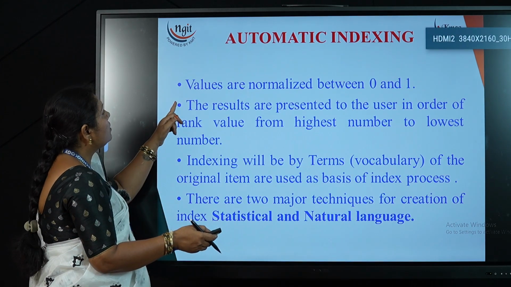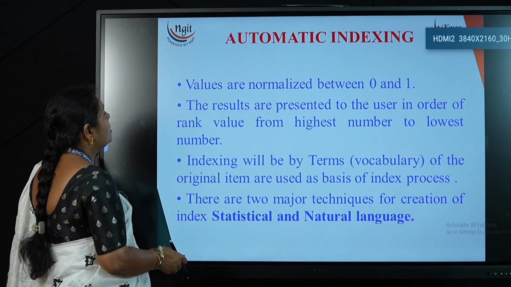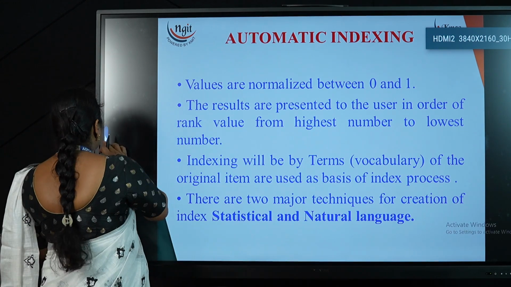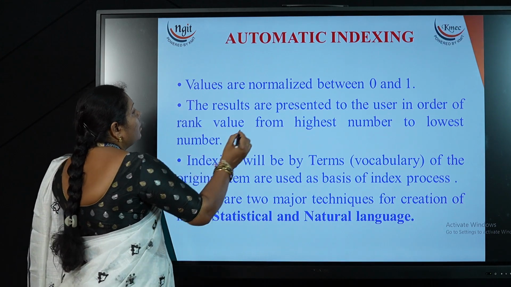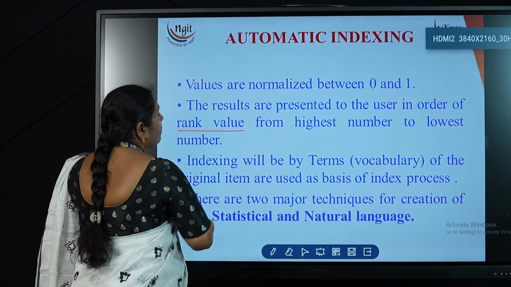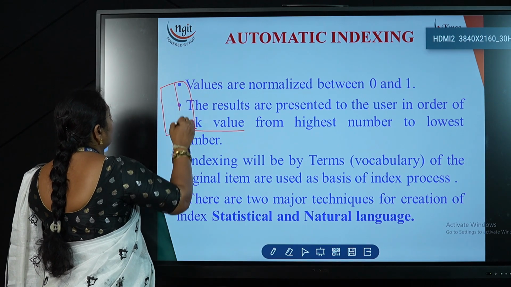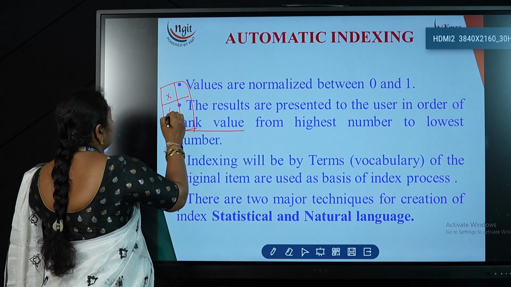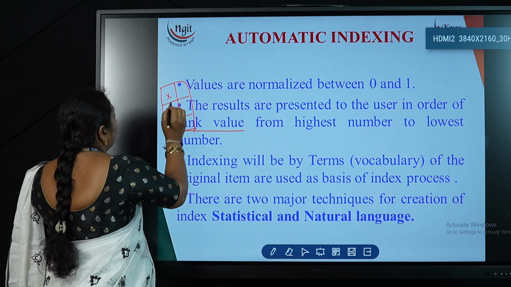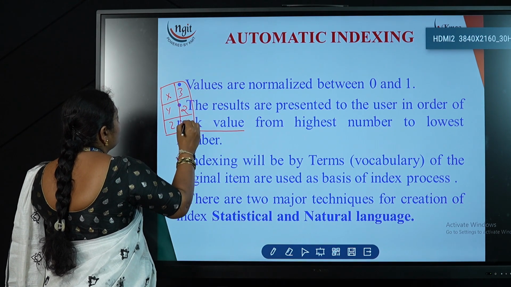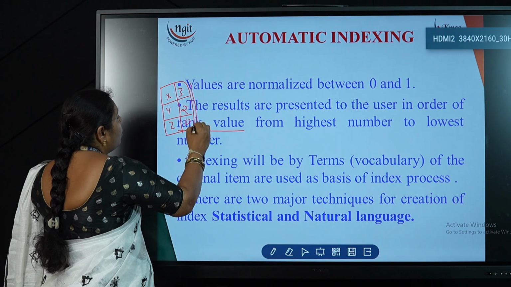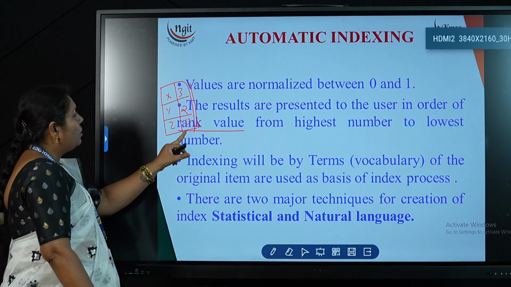As I said, your values will be normalized between 0 and 1, and the results are presented to the user in order to rank the values from the highest number to the lowest. Imagine that we have x, y, z as terms. The frequency of x is 3, y is 2, z is 0. Always order from the highest number to the lowest number.